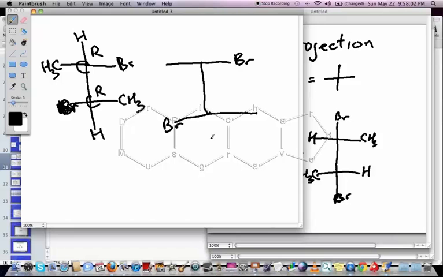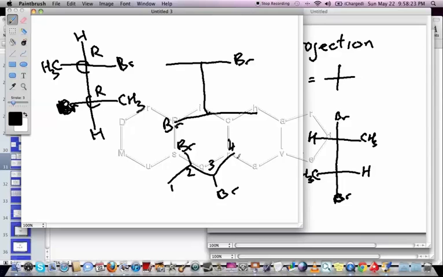So that's what it would look like. Let's make it look a little prettier now. And this could then be named, and we would number the chain. Now remember, numbering the chain's got nothing to do with the priorities we were numbering earlier.